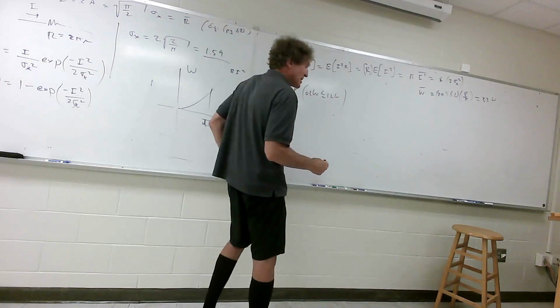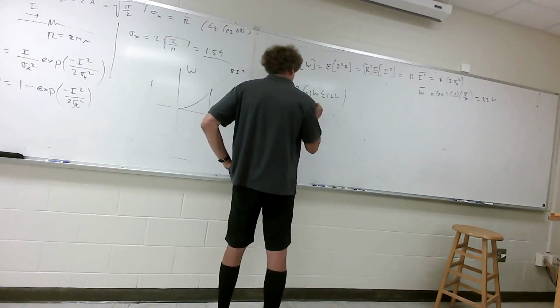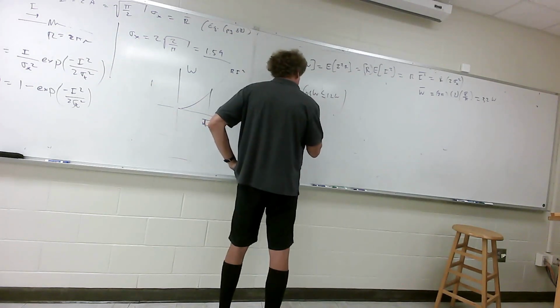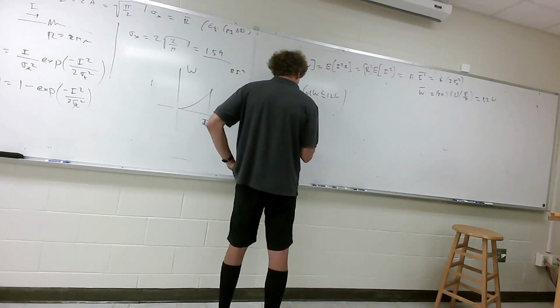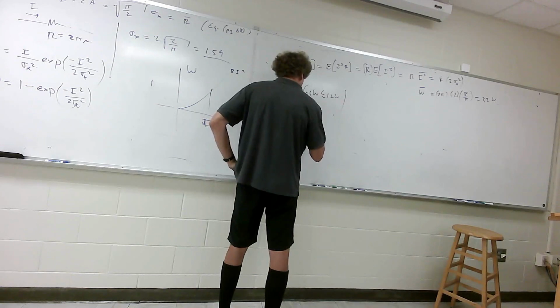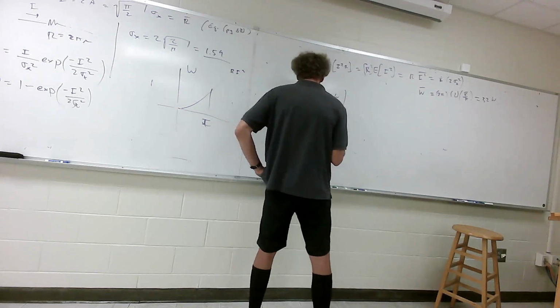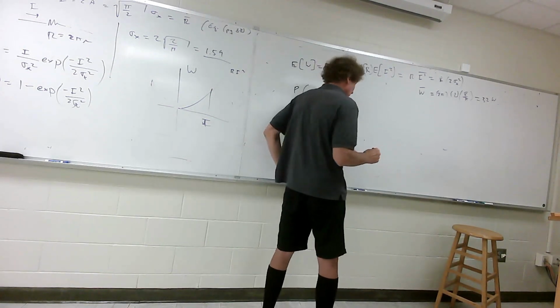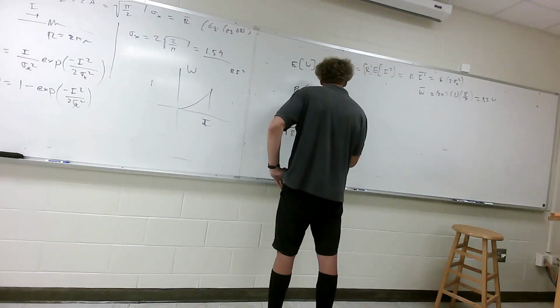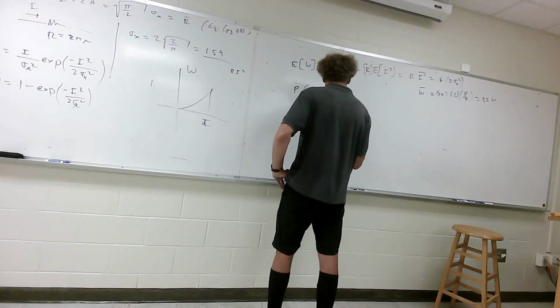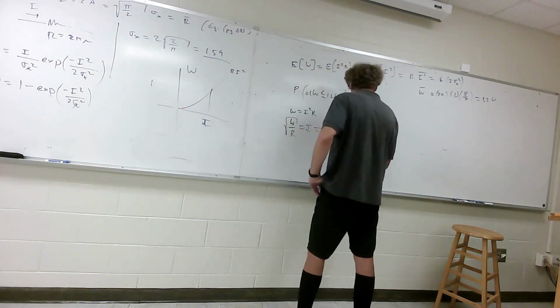So what's this going to be? Well, since W is equal to I squared R, W over R, square root is I. Where's that threshold? Well, you said 36 watts? So it's going to be the square root of 36 over 2 pi. This is 2 pi. That's going to be the square root of 18 over pi.